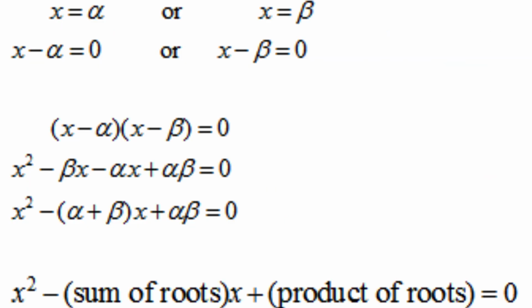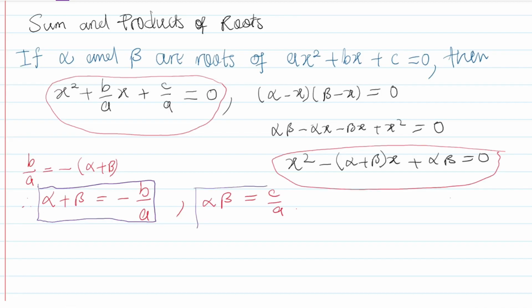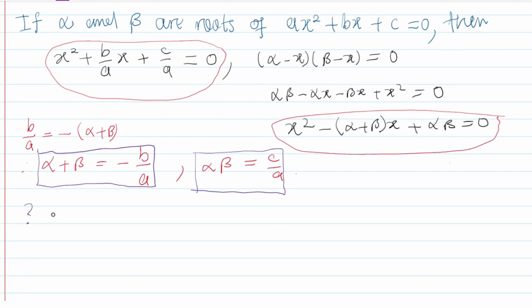Now, the only secret that you need to know is that if you have been given any question, your task is to find alpha plus beta and alpha beta. Even if it is alpha squared plus beta squared, in everything, make sure you express your roots as alpha plus beta and alpha beta. Quick question, if I ask you to find the expression for alpha squared plus beta squared, what would you do?